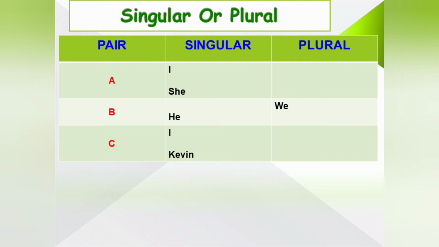In pair B, we can see the subjects are we and he. We comes under the plural subject category while he comes under the singular category. At last, in pair C, I and Kevin, both subjects come under the singular category.